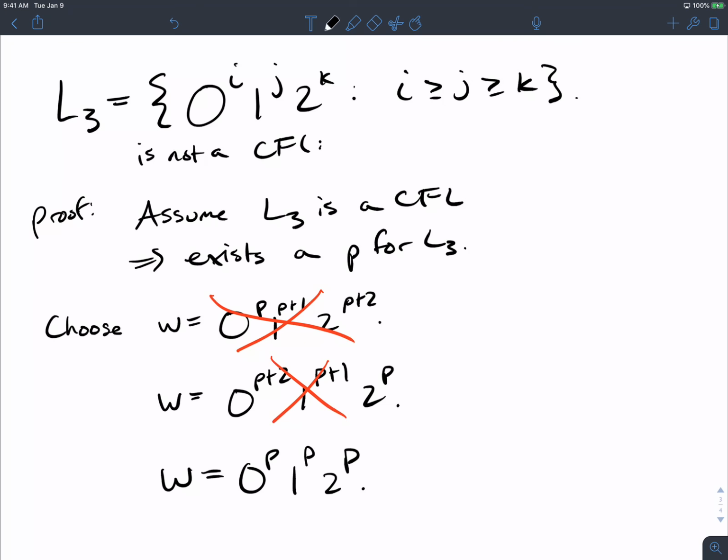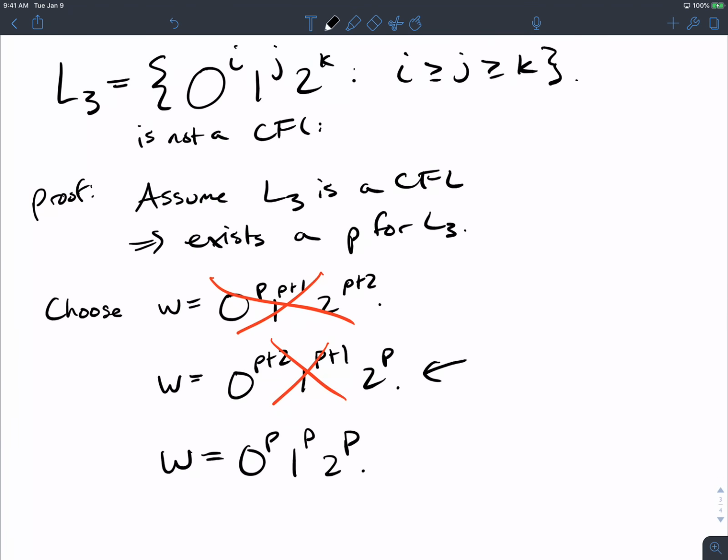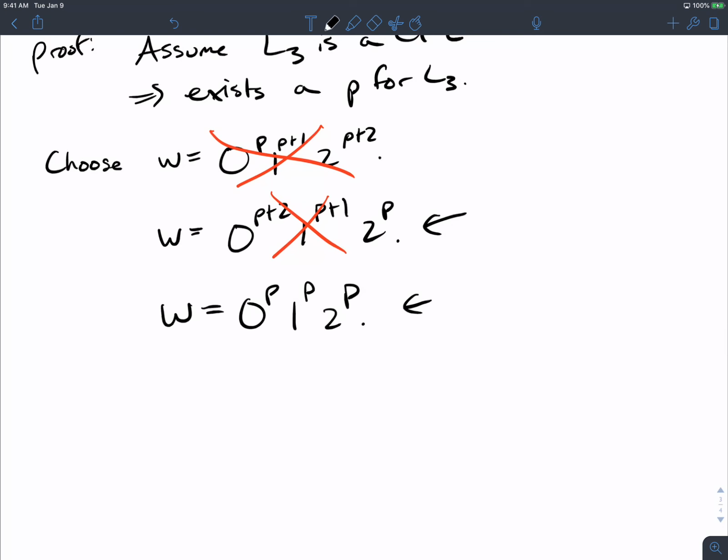So the absolute closest it could possibly be before, if we pump even a little bit, it'll go out of the language. So if we look at the string before, right here, we could remove 1 0 and it'll still stay in the language. But for the second string down here, if I remove 1 0, I'm immediately out of the language. Okay? So my advice is to pick a string right on the borderline so that pumping out becomes a lot easier. So this one's right on the borderline.